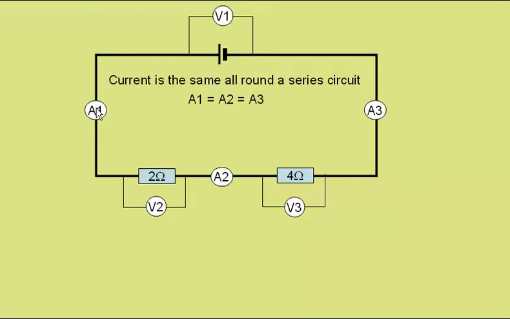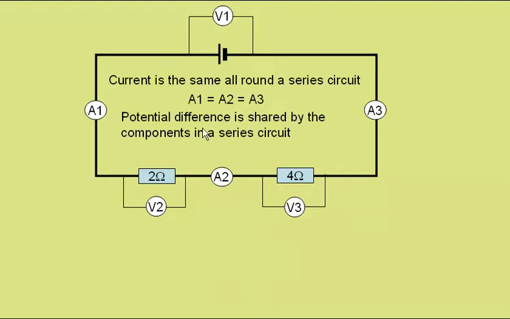That must be equal to the sum of the energy delivered to this resistor and to this resistor. So we can say that the potential difference or voltage is shared by the components in a series circuit. Or I can say that the reading on voltmeter 1 will be equal to the sum of the readings on voltmeter 2 and voltmeter 3.